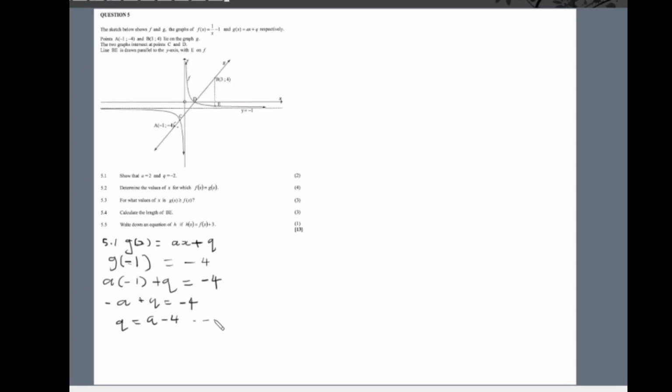I'll call this my equation 1. We have to have two equations because we have two unknowns, right? So this is a question of solving simultaneous equations.